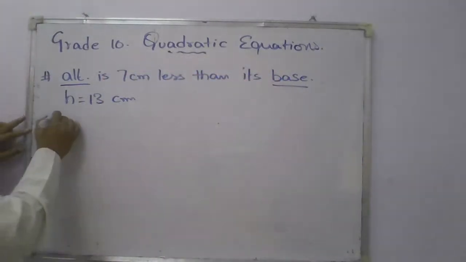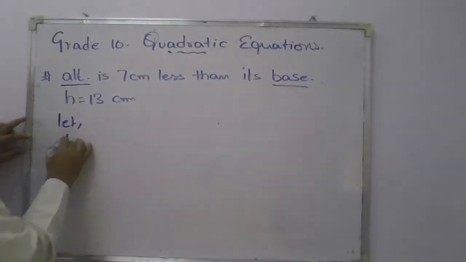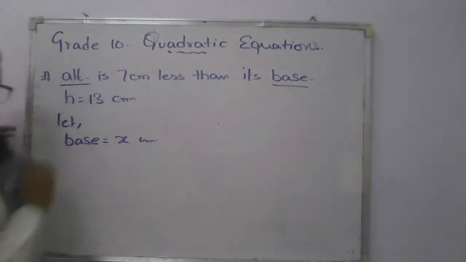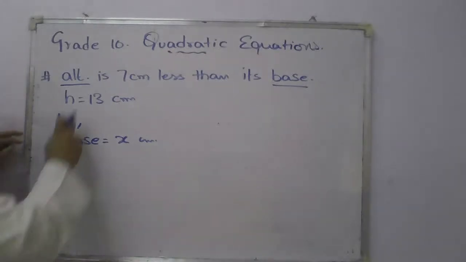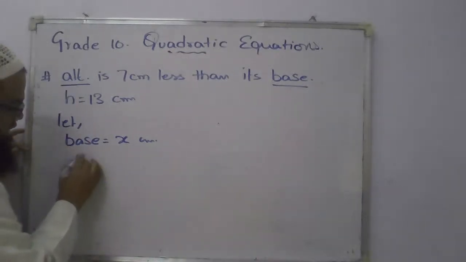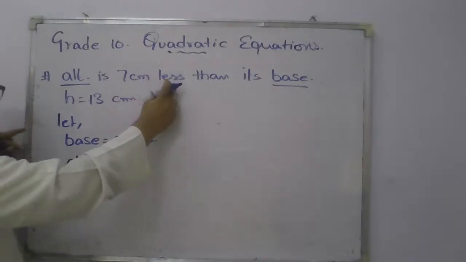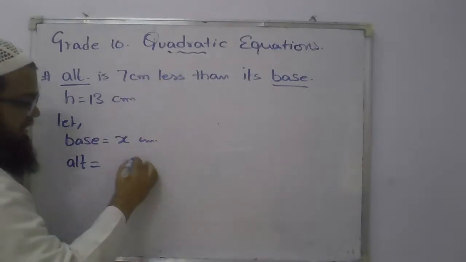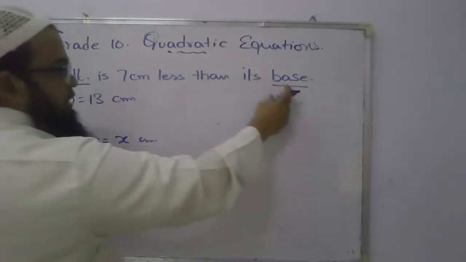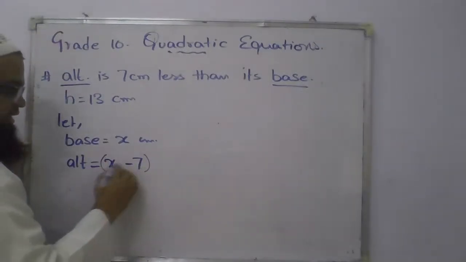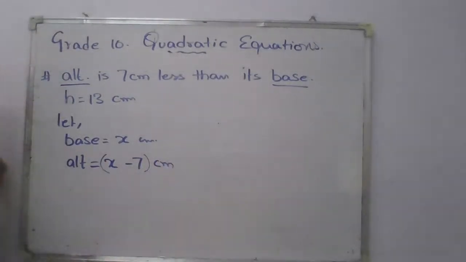So therefore, let base be equal to x centimeters. Once you have base, altitude is 7 centimeters less, which means subtract, less than what? Its base. What is base? x. So it is x minus 7 centimeters.